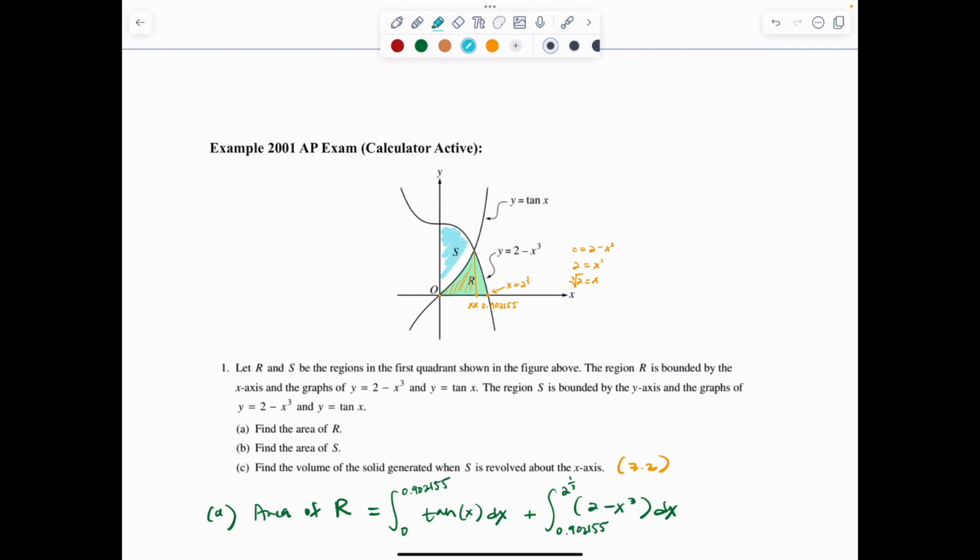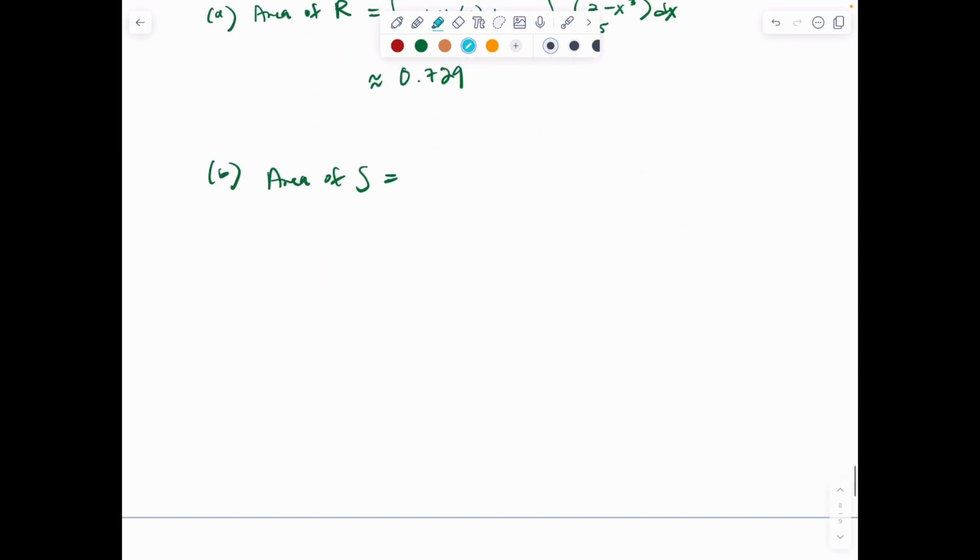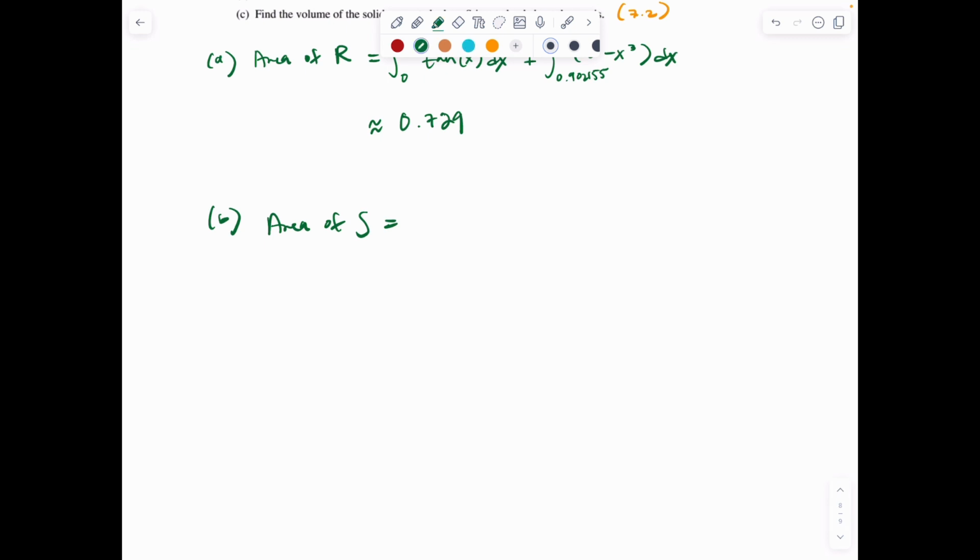So this is the area that we're finding now. And we see top function minus bottom function on that interval. So the integral from 0 to that same value, so it probably would have been worth it to store into your calculator.